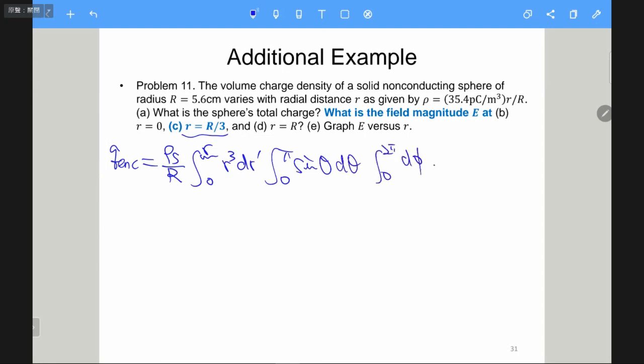So finally, we only have this term to be different, because if we have a sphere, we consider R to be R over 3. So we just integrate over this part only.